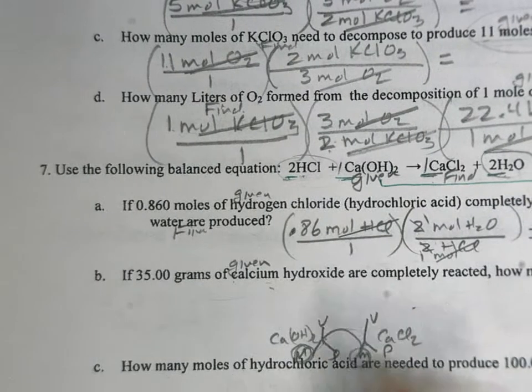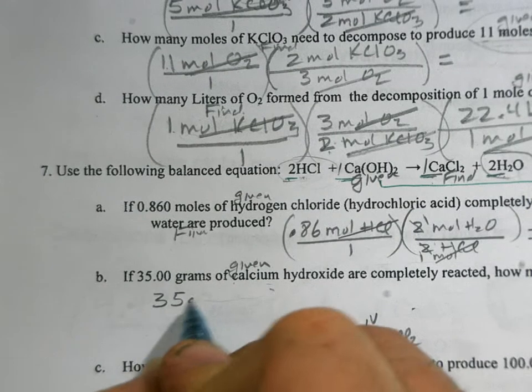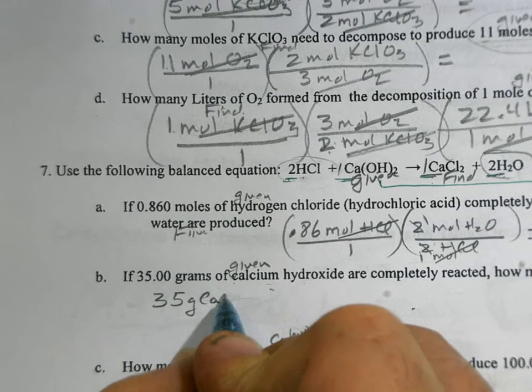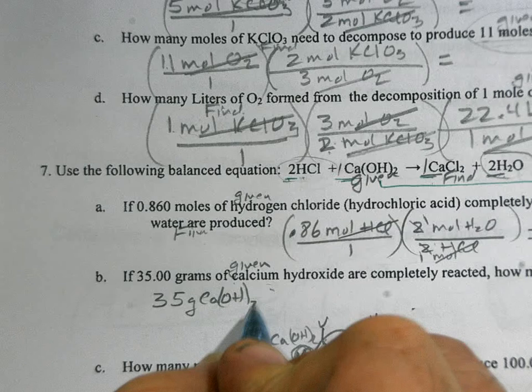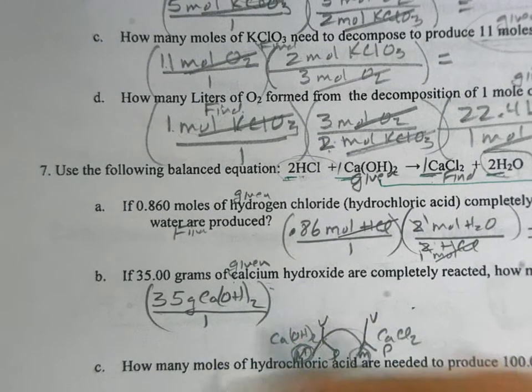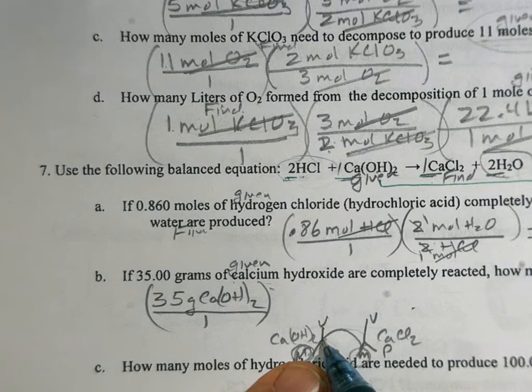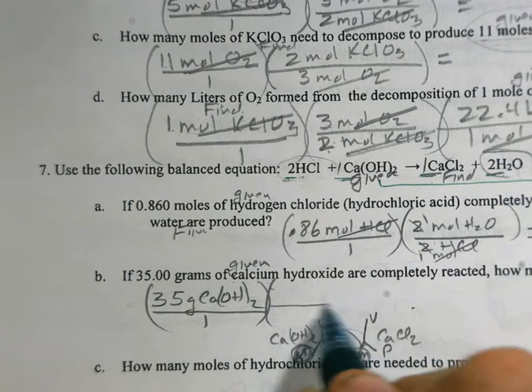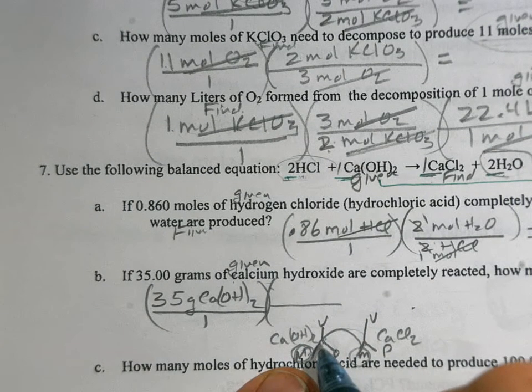To get that set up, we start with the given, 35 grams Ca(OH)2, calcium hydroxide, over 1. Now we need to go to the mole, and anytime you're going from the outside to the inside, you're dividing by the molar mass.